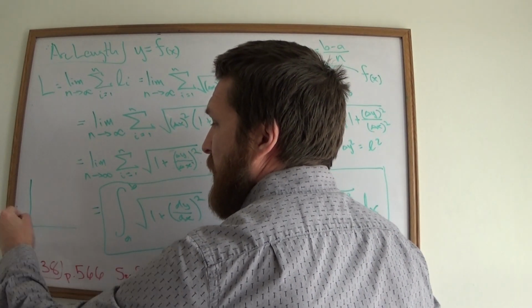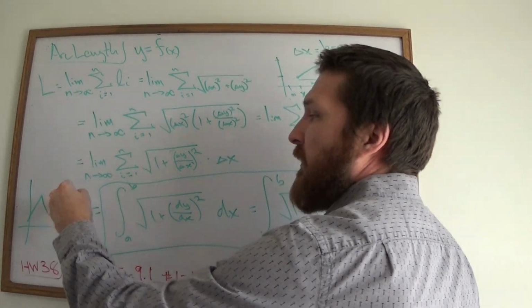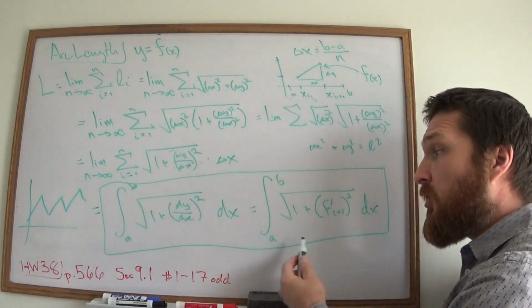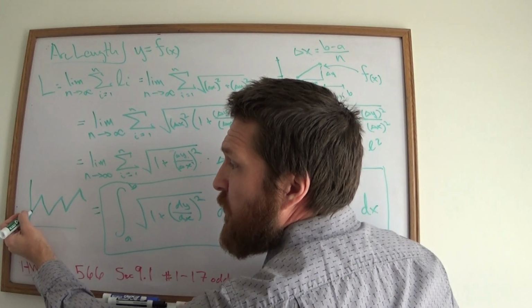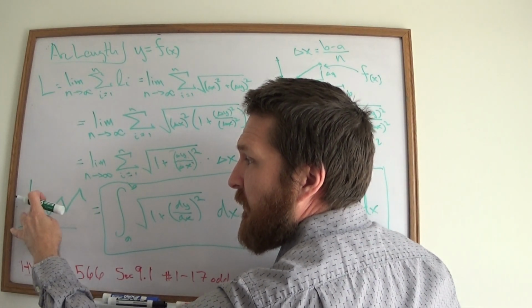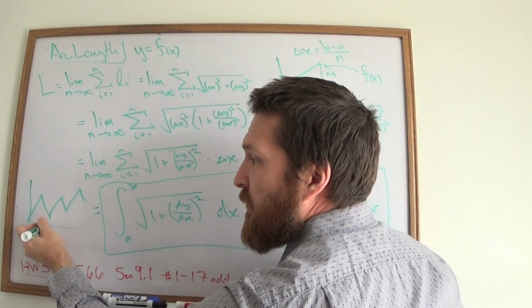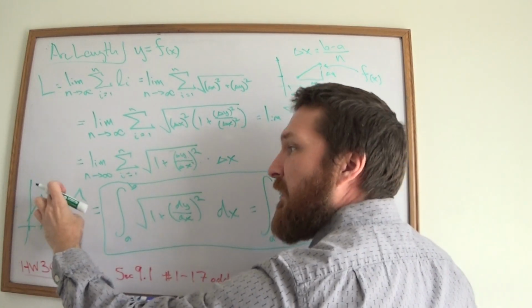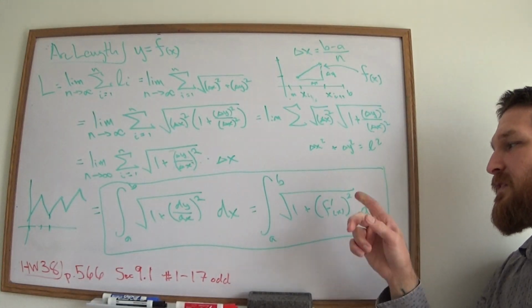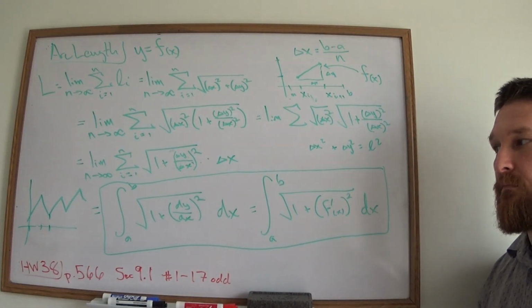Like, here's a continuous function that's not differentiable at those points, at the peaks and valleys. But what you could do is stitch it together and say, well, you are differentiable from here to here, so we could get your length from there to there. You are differentiable from here to here, so we could find your length from there to there, and so on and so forth. So really, all we need is for f to be continuous.